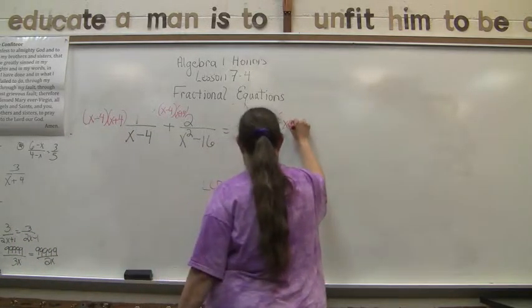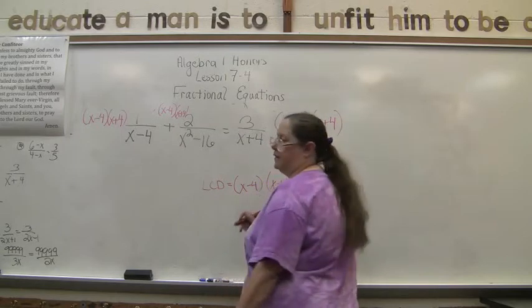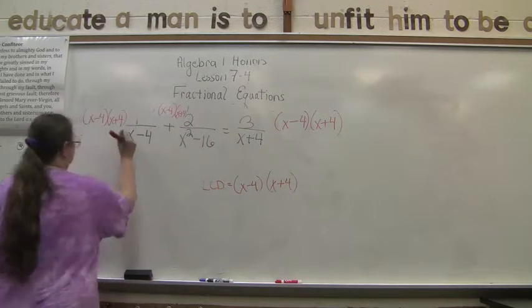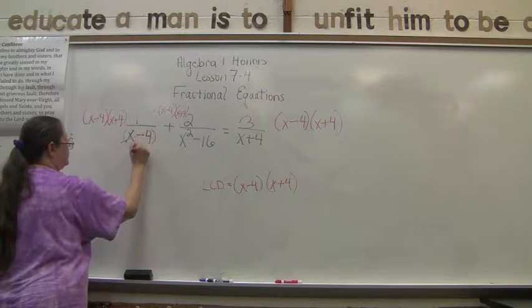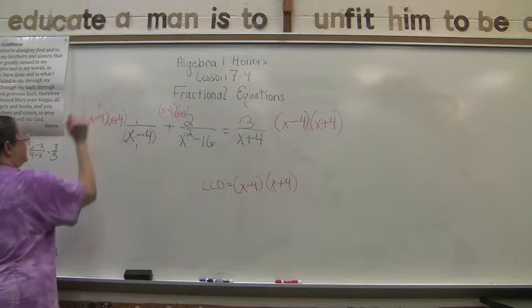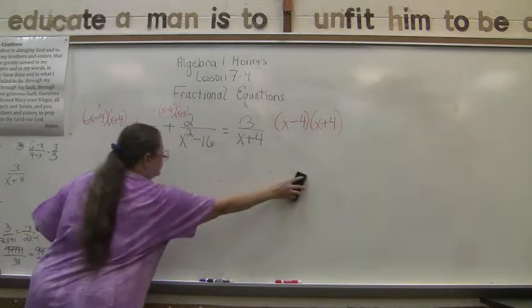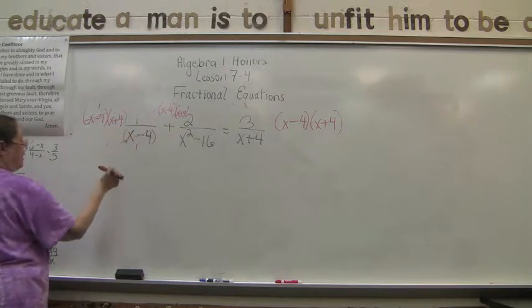And now we're going to do some canceling. So I have an x minus 4 here. That'll cancel 1 with that x minus 4 there. And what I'm left with for that term is just 1 times x plus 4.